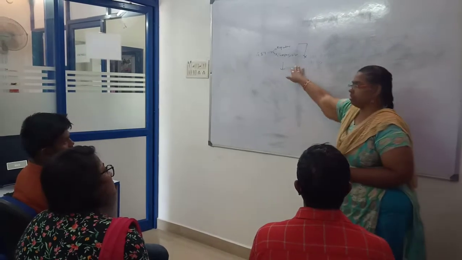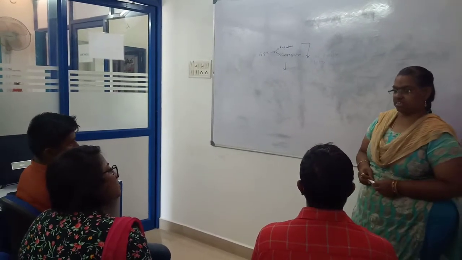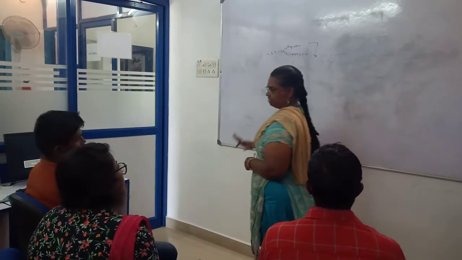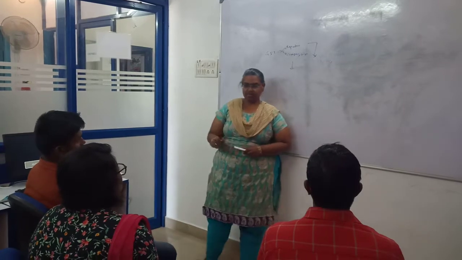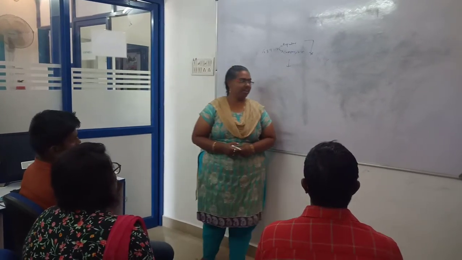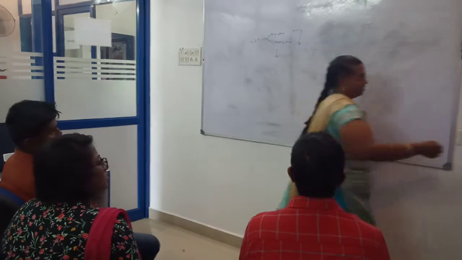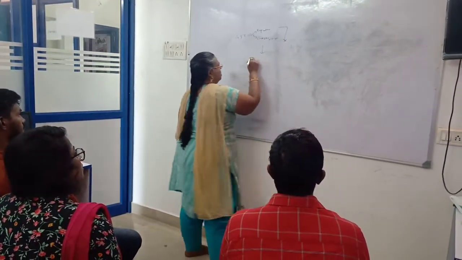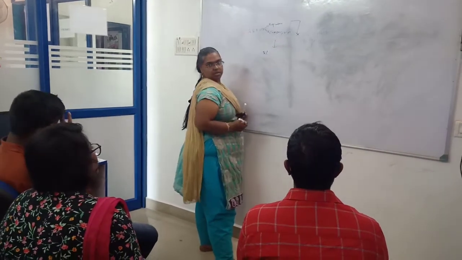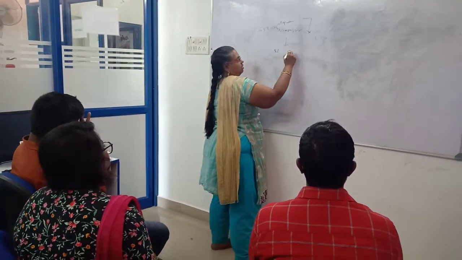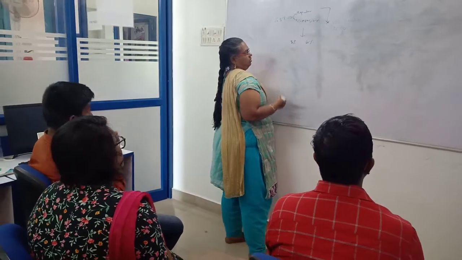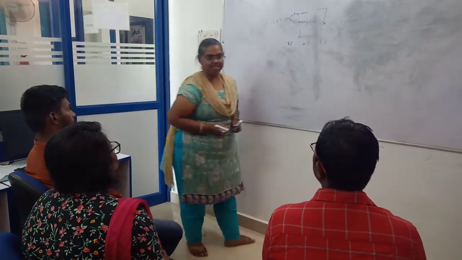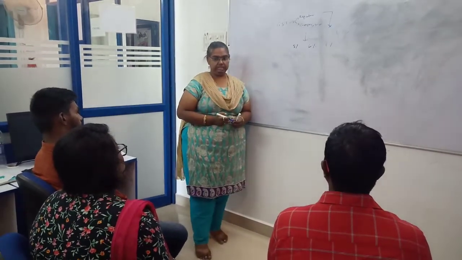And now it comes to the composition, which is the subject matter of our discussion now. In the composition scheme, you will be given 3 rates of tax, and only those 3 rates will be applied: 5%, 6% or 1%.